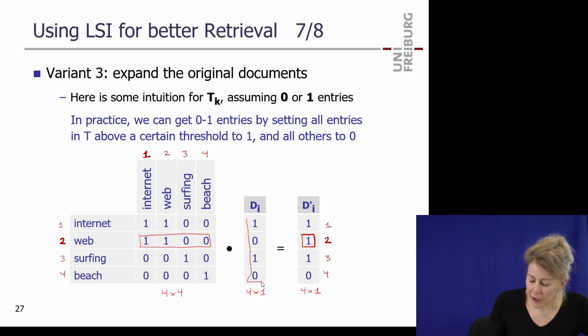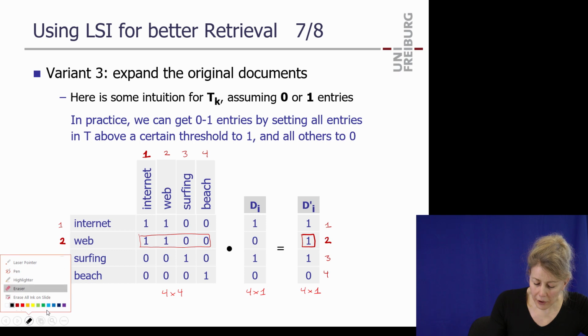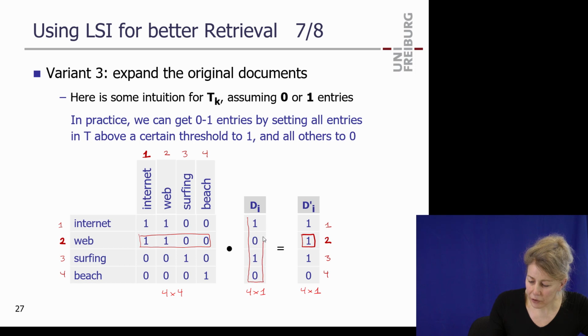This is how I get the second entry. It's by computing this times this, and the second entry is 1 times 1 plus 1 times 0 plus 0 times 1 plus 0 times 0.